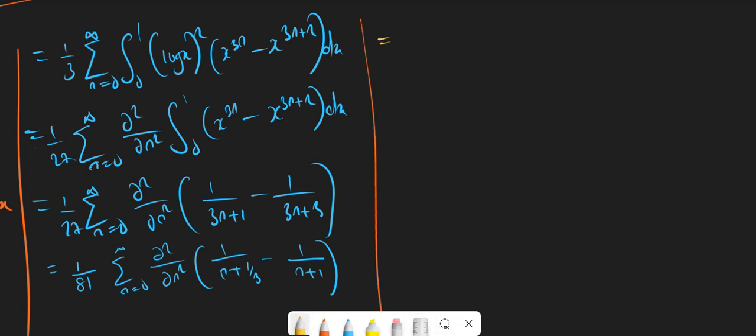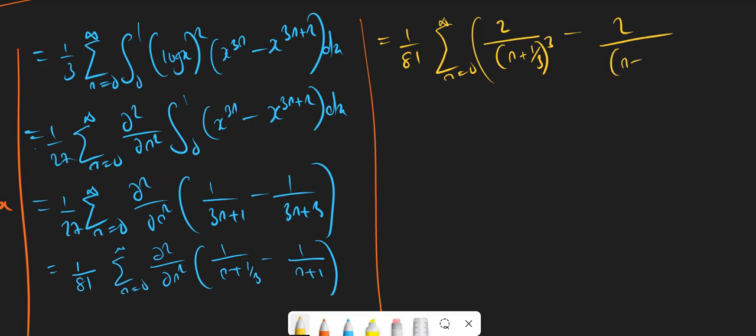So this will be 1 over 81 times the sum as n runs from 0 to infinity. Now if you do the derivative, you will have 2 over (n plus 1/3) to the 3rd power minus 2 over (n plus 1) to the 3rd power as well.